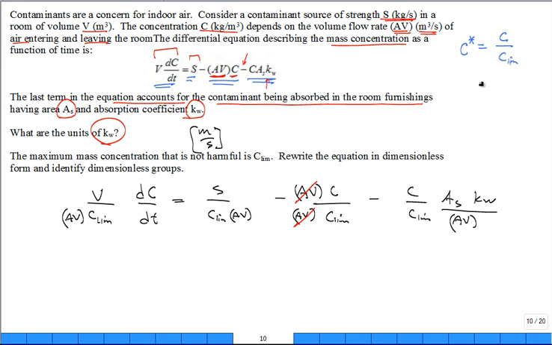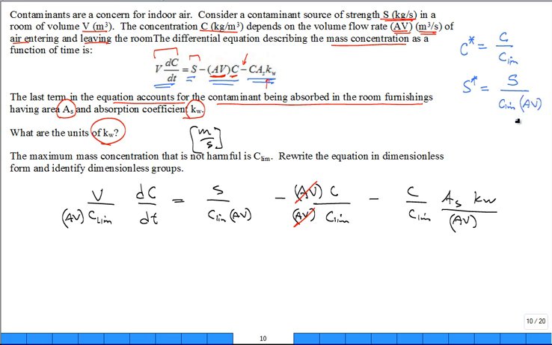Does that make sense? Now, if C asterisk is above 1, I'm exceeding the maximum allowable, maybe by the regulation or the code, laws or something. If it's below 1, I'm not exceeding it. So C asterisk tells you, am I above or below the limit? Let's look at another one, S asterisk. It's the source strength divided by C limit AV.